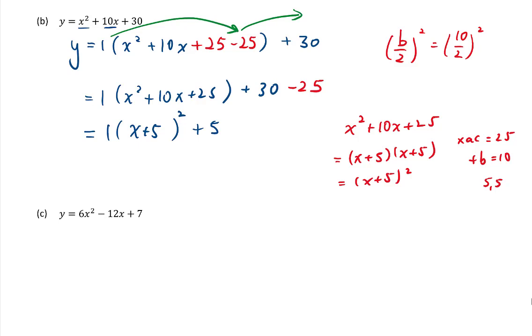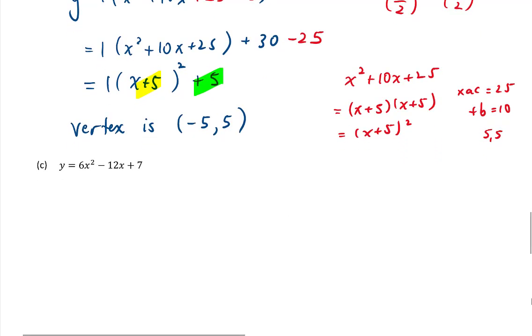So again, if we want the vertex of this quadratic, it is negative 5 and 5. So remember the negative 5 came from here, and the k value or the y value came from the constant.